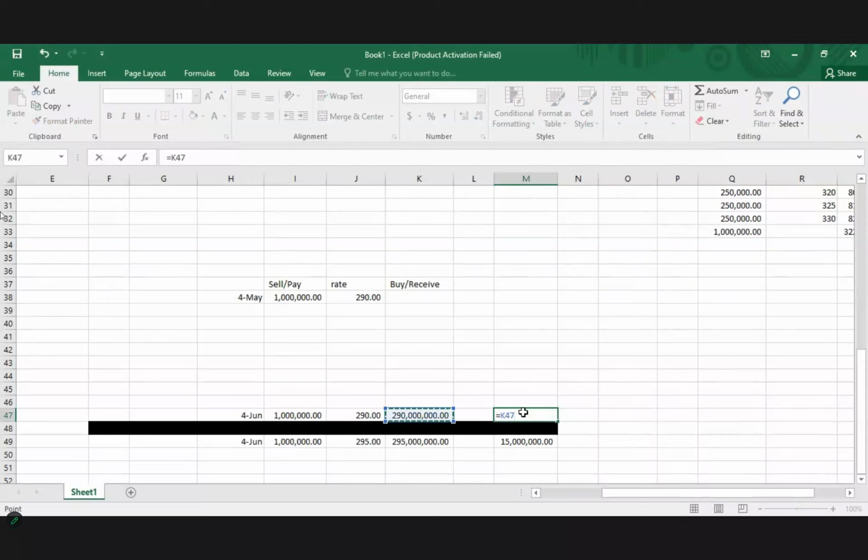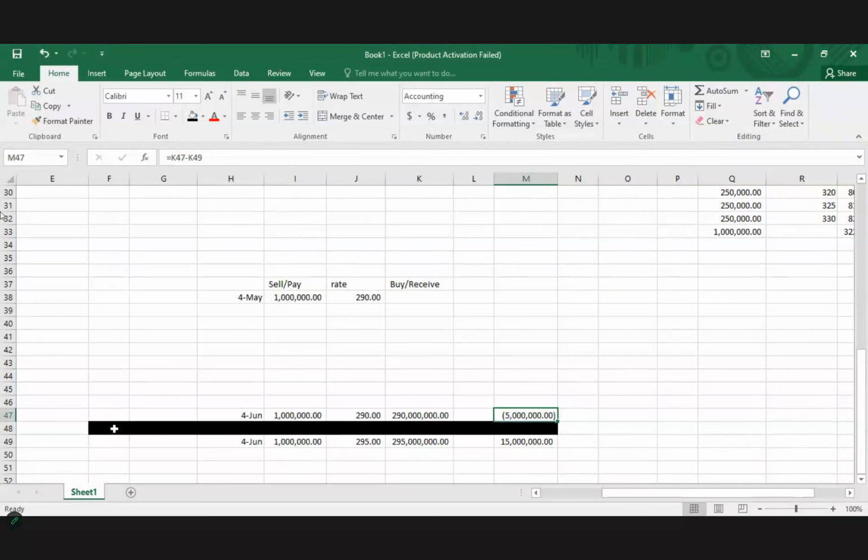This is what I get. This is what I have to sell to the customer. My profit situation, which I thought was a profit on May 4th, by June 4th, has gone into a loss now. Because of what?